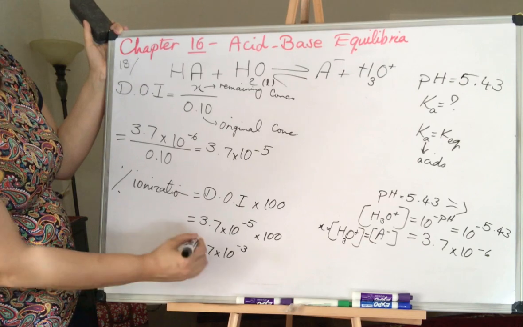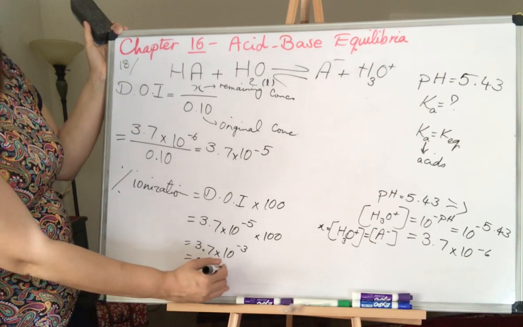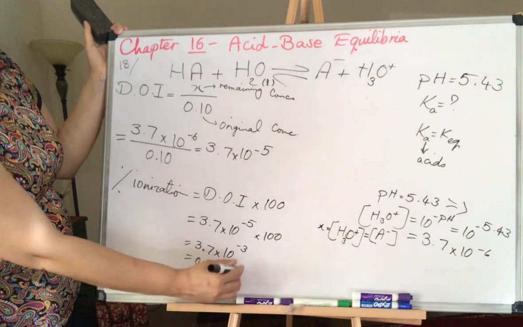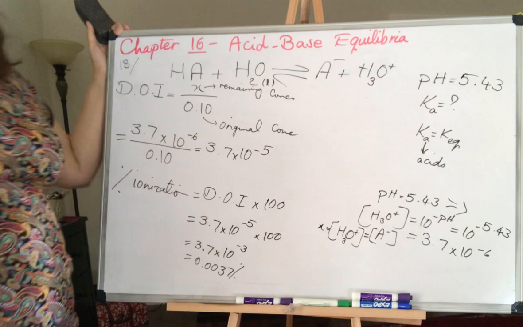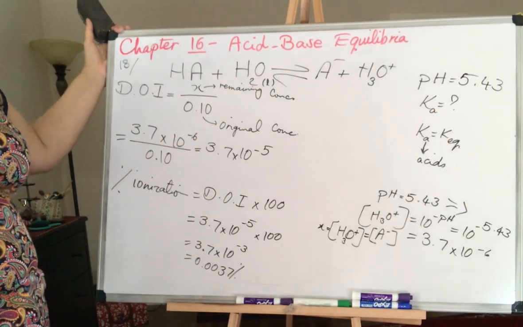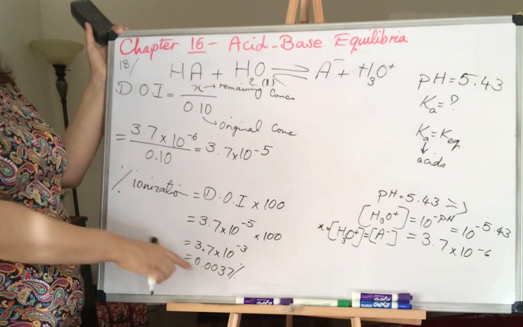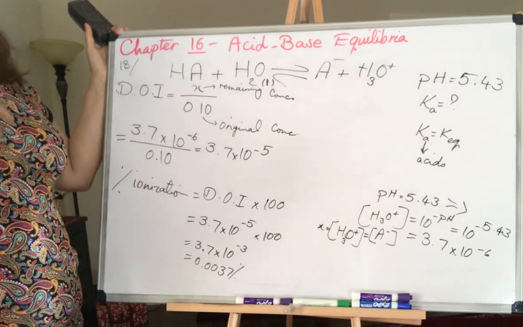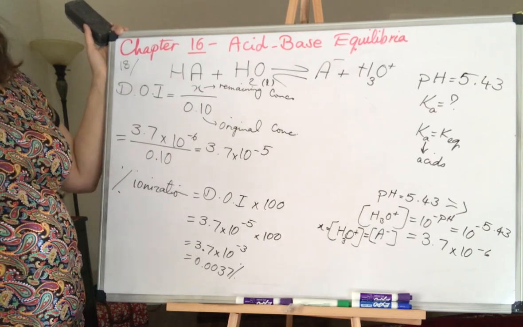Or if you want to change it to an ordinary number, it's going to be 0.0037%. Only this much has been ionized. So you see, we're dealing with weak acids. Only this much has been ionized, compared to a strong acid, which is 100% ionized.